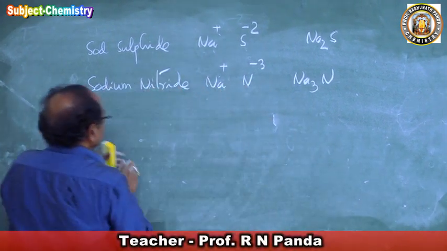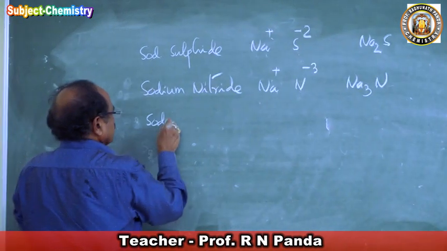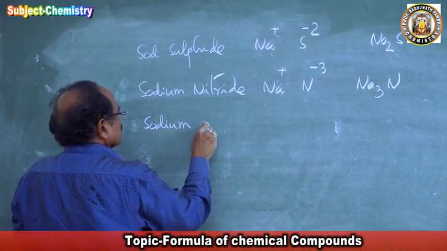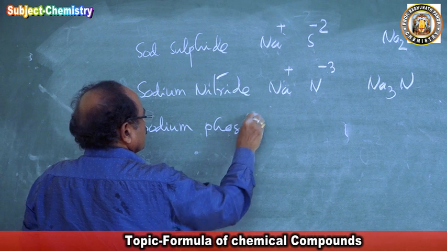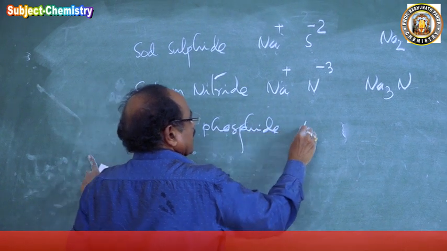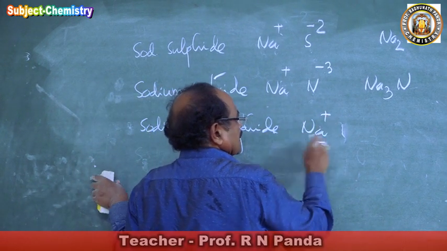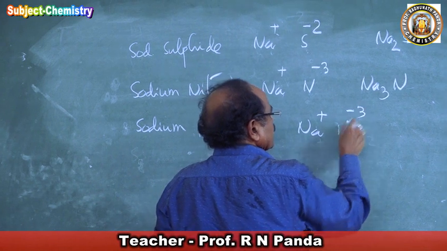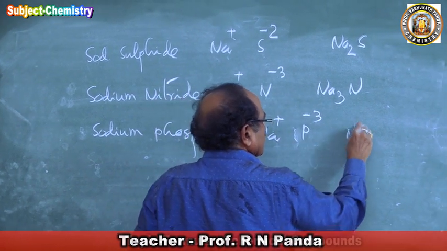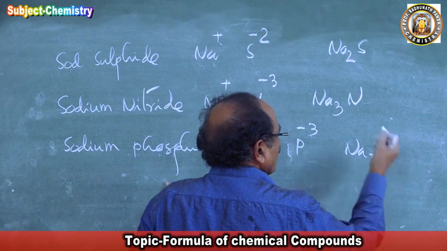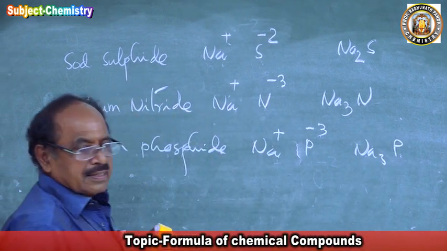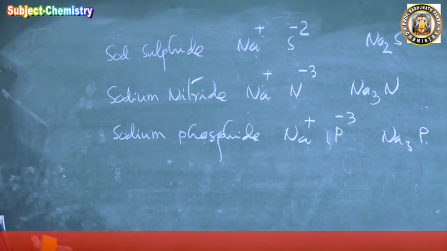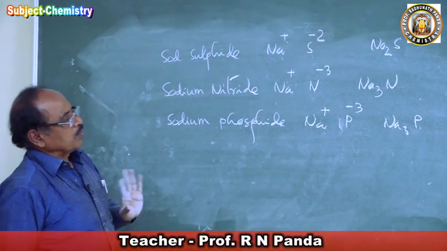I'll come to sodium phosphide. Na plus, then P minus 3, so 3 will come to this place, Na3P, like this. So we took simple radicals and we wrote the formulas.